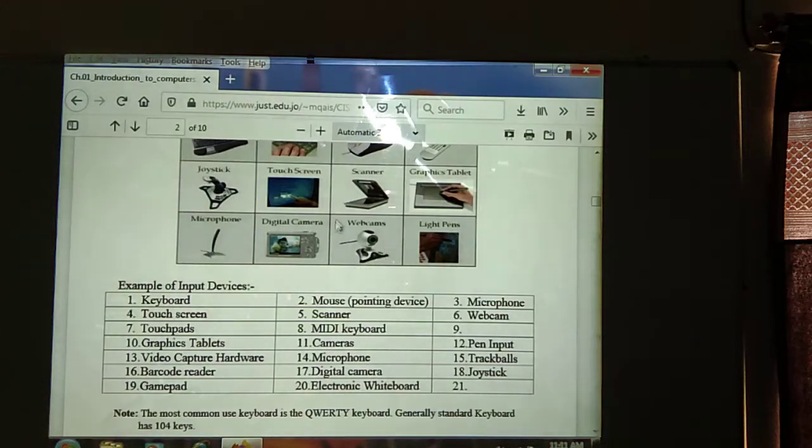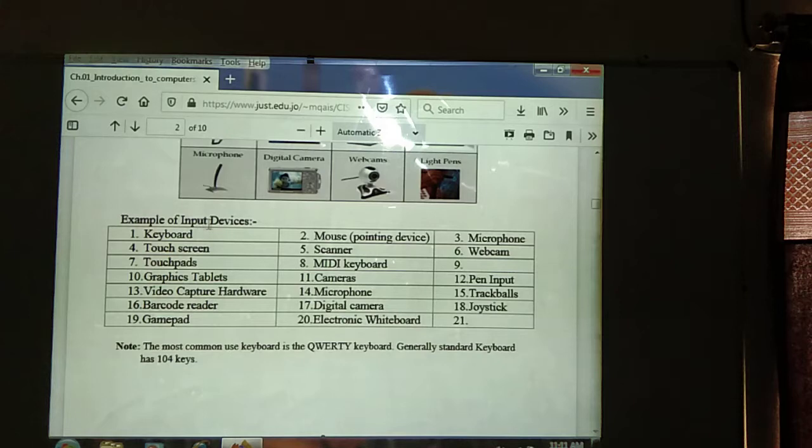In our college we have webcams, like CC cameras. Next, examples of input devices. First one is the keyboard, second one mouse, microphones, touch screen, scanner, webcam, touchpads, MIDI keyboard. Next, graphic tablets, cameras, pen input devices, video capture hardware like CC cameras, microphones, trackballs, barcode reader.